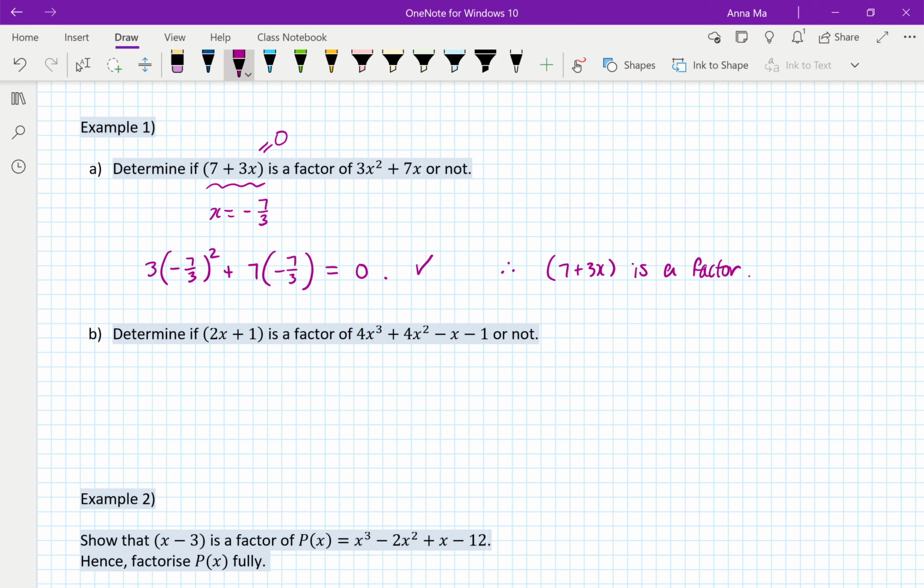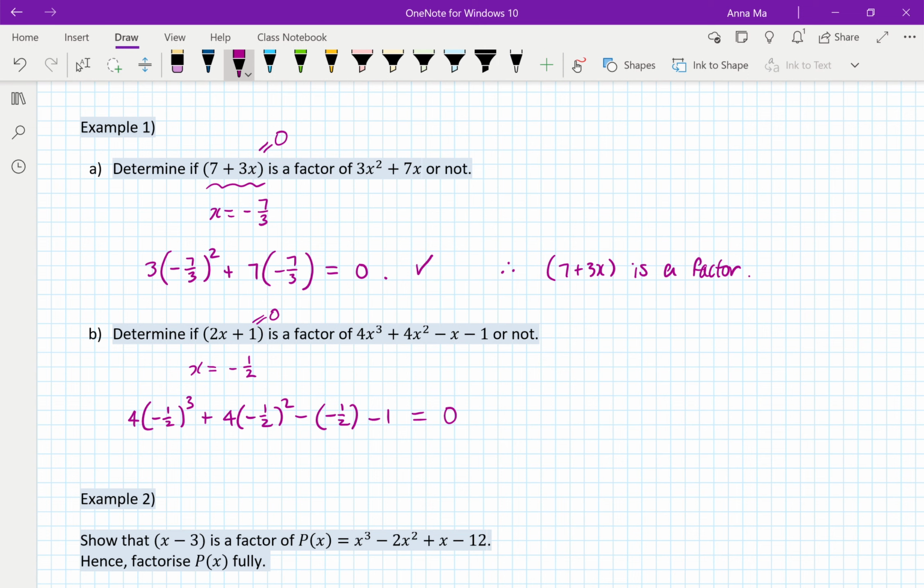Now for part B, the number we are substituting is, when this is equal to 0, so that's negative 1/2. So if we substitute it into the cubic expression, I should get a 0 if it's a factor. If you type it into the calculator, I think you also do get a 0.